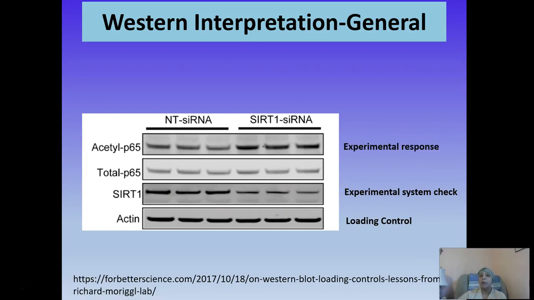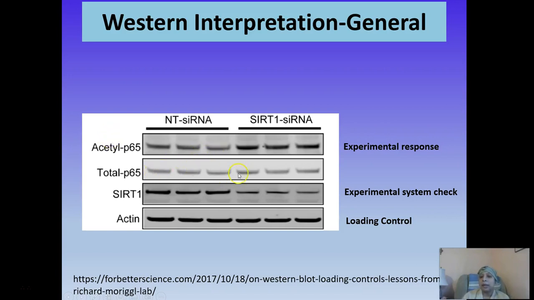And then I'm looking at the response of my experiment. So I'm looking at the response of downregulating, reducing the amount of SIRT1 on downstream proteins to see what effect it has. So I'm looking at a protein that is downstream of SIRT1, that's affected by it, P65, and I'm looking at it by looking at its activation, because SIRT1 is regulating that protein by acetylating or phosphorylating it, right? In this case, acetylating it.